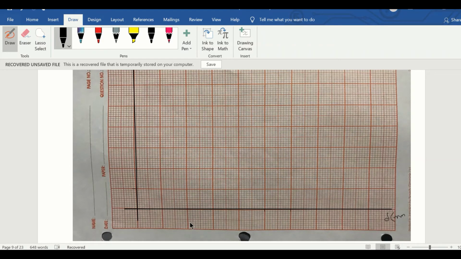Let me use a scale of 2 cm to 10 units. You are free to choose any scale of your choice, it doesn't matter. Here's my 0. So 2 cm means that from 0, 1, 2, here's my 10. 1, 2, my 20. 1, 2, my 30. 1, 2, my 40.